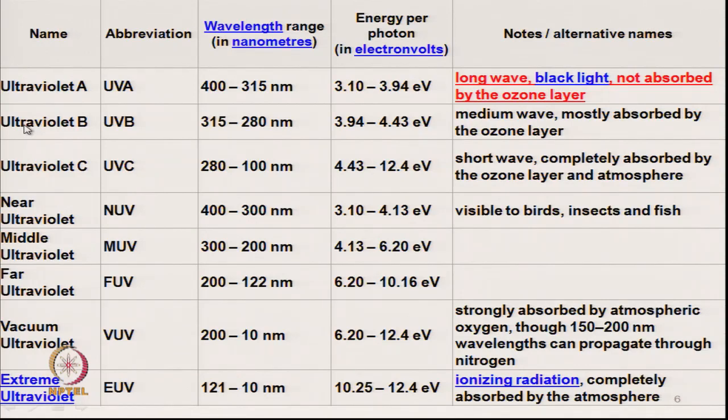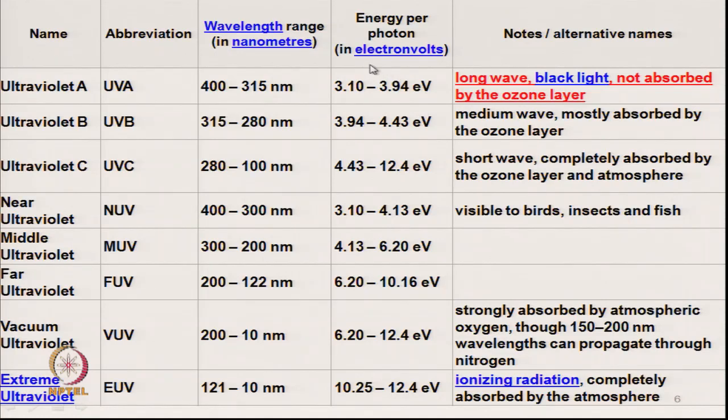If we see this table, for UVA the wavelength range is from 315 to 400 nanometer with energy 3.1 to 3.94 electron volt.